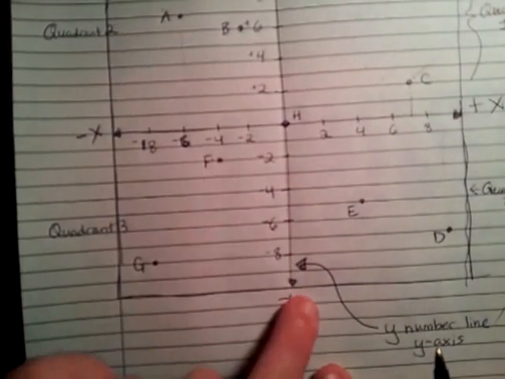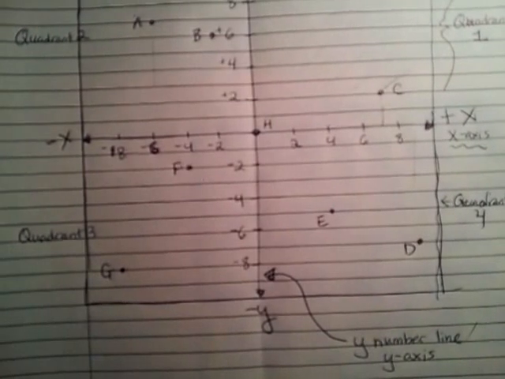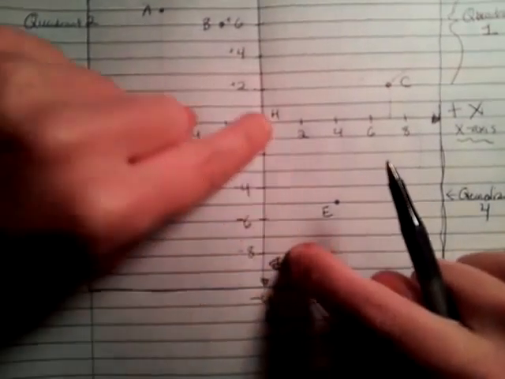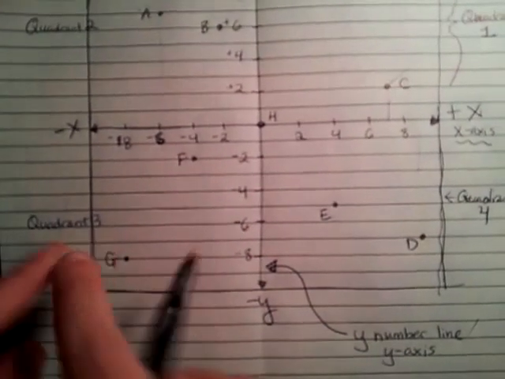Now, we already talked about the Y-axis, or Y number line. This is our X-axis, or X number line. I'm going to write X-axis right here. And a quadrant is an area that has an entire region bounded by the axes. So I could extend all the way in this direction, all the way off of our screen, and I would still be in quadrant 3.